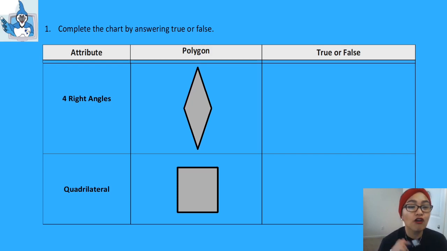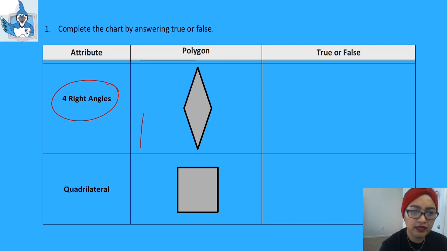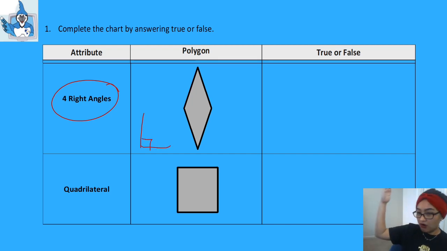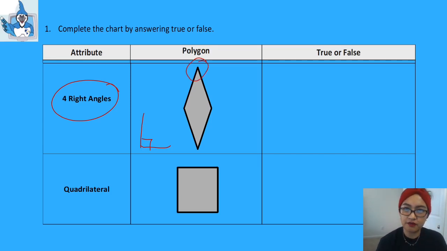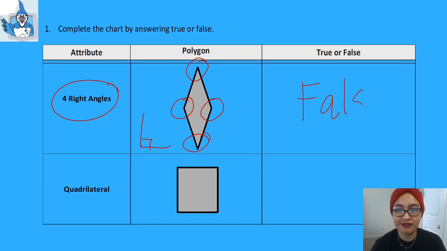It says 4 right angles. So just like what I said, a right angle is like this, 90 degree. So if you look at your arm, a right angle is basically straight here and straight here. And it will make a 90 degree angle there. So do you think, boys and girls, these are right angles? I don't think so. So the answer here is false.